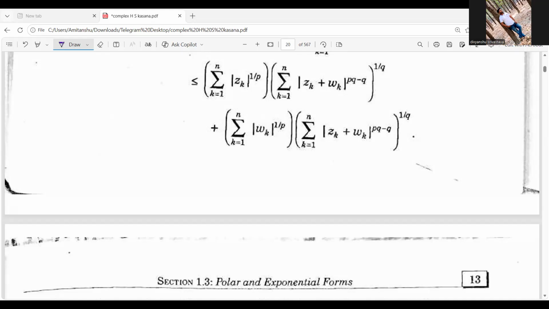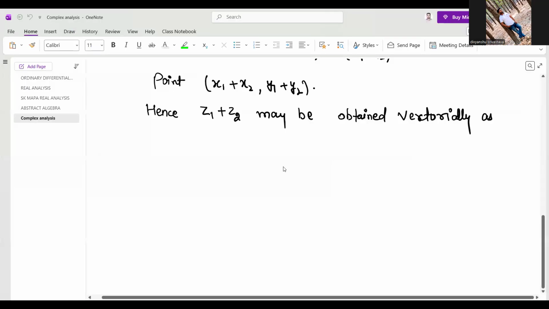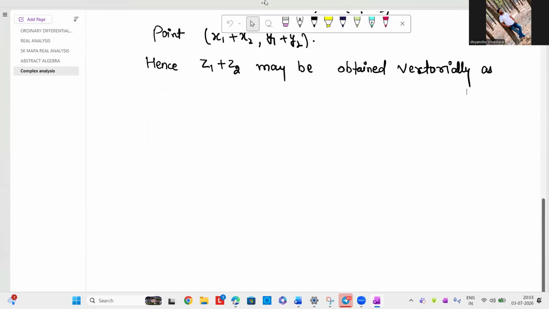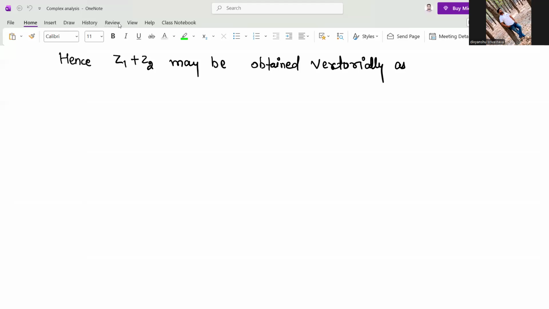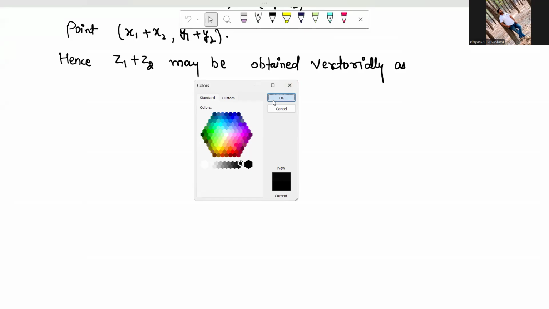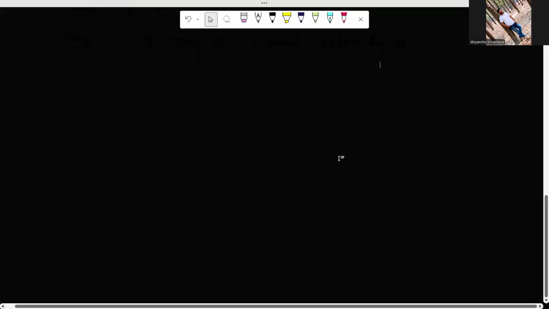Yeah, here is your concept. I think everyone can see this portion. So you already know the concept related to this.